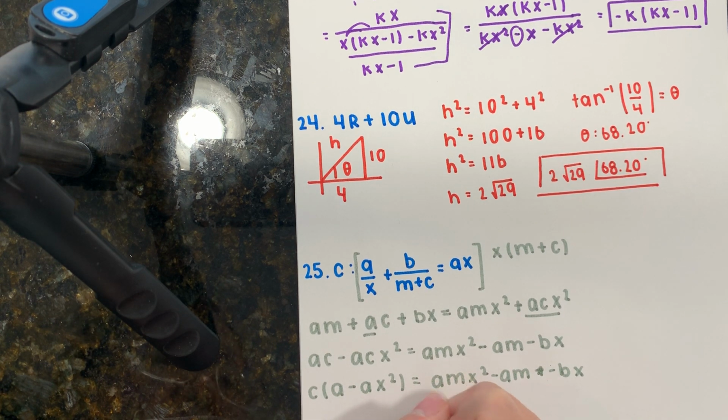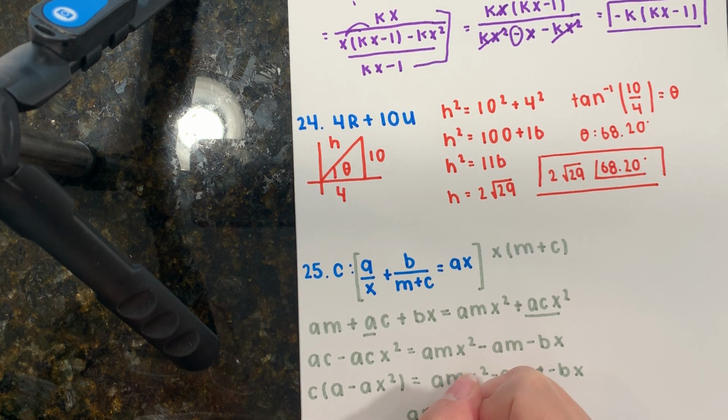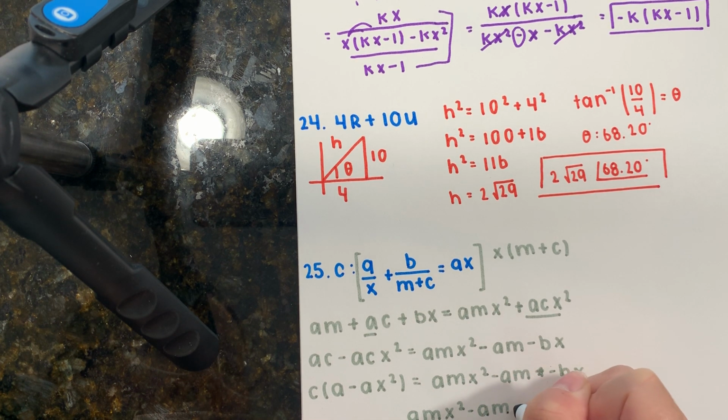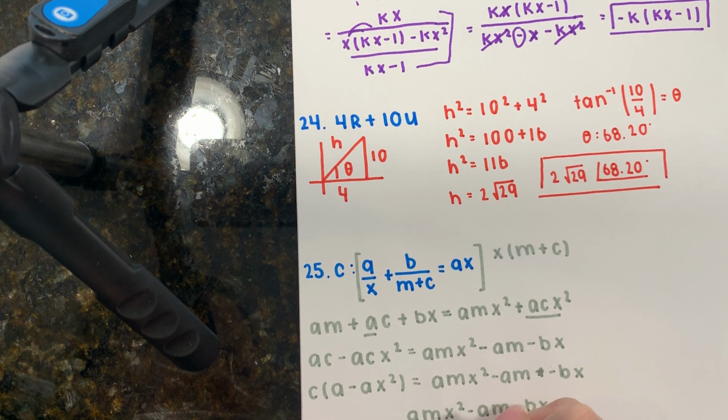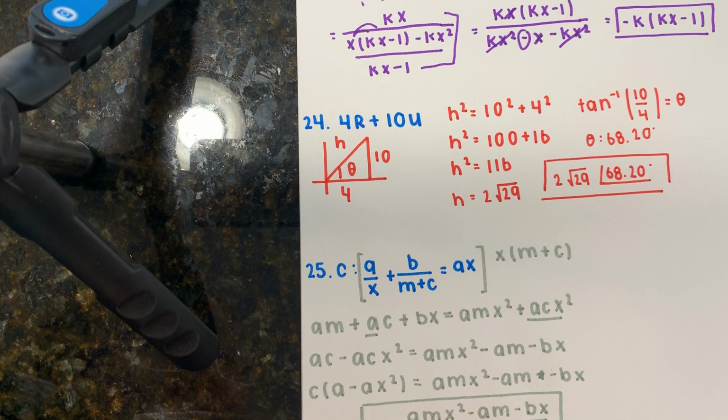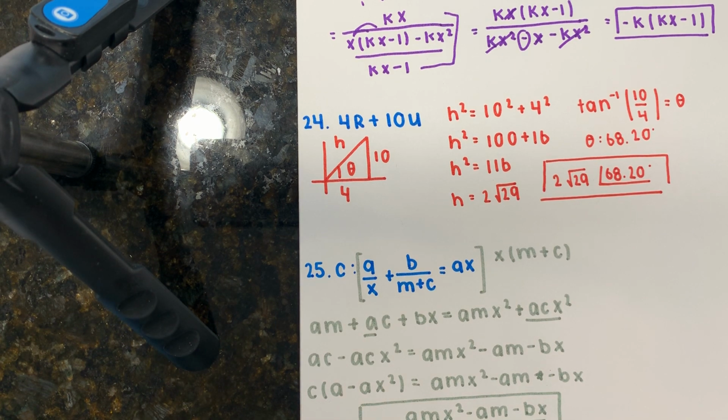So your result is going to be c is equal to amx squared minus am minus bx all over a minus ax squared. And that concludes number 25.